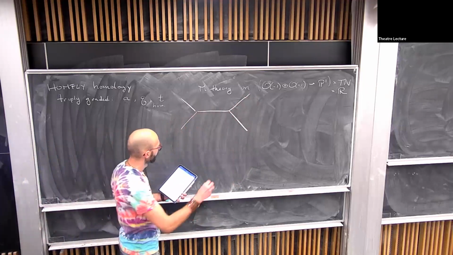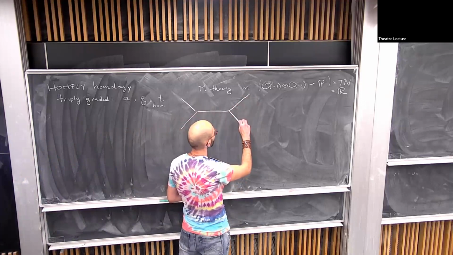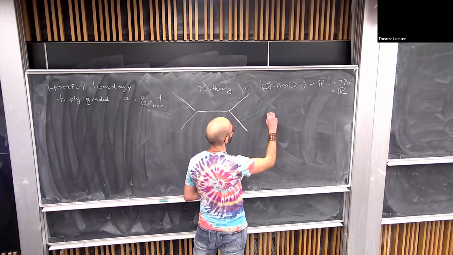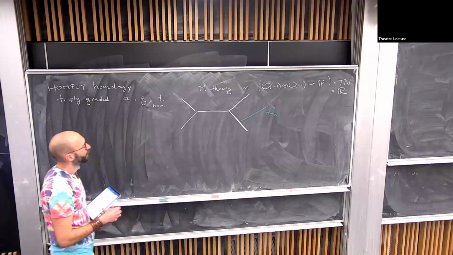So the information about a knot is encoded in a Lagrangian cycle.